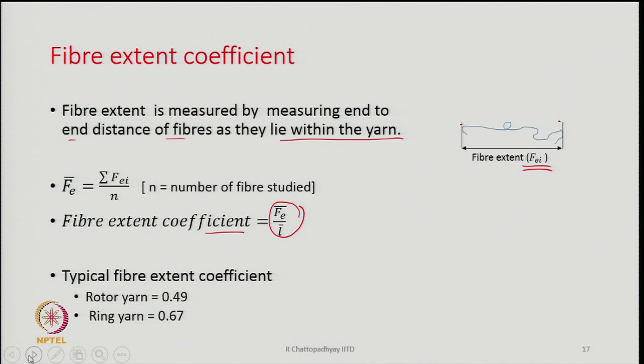So, the typical fiber extent coefficient for rotor yarn is only 0.49, for ring yarn it is 0.67. So, on an average we can say that in the ring yarn most of the fiber length is utilized, whereas in the rotor yarn it is not, because fibers are crumbled, fibers are deformed, they are having hooks.